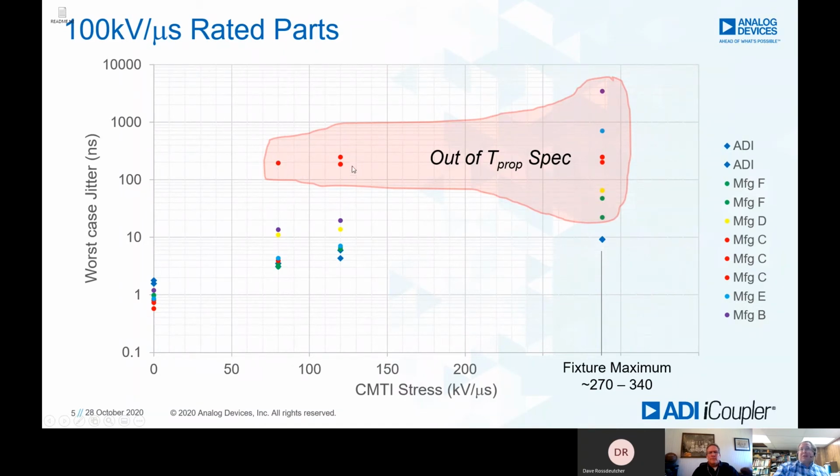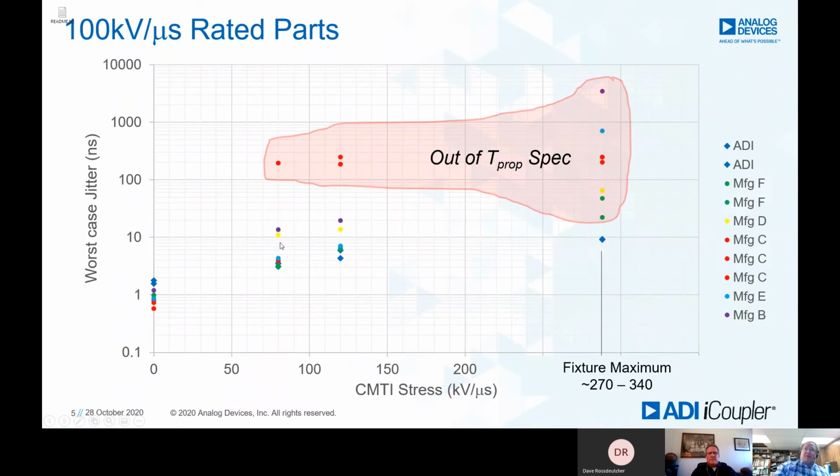When I went back to look at what happened with these parts, it turns out they talked about 100 kilovolts per microsecond performance on the front page of the data sheet, but when I go back and look at the data sheet, it was closer to 25, 30 kilovolts per microsecond that they guaranteed. So you've got to look at the data sheet a little bit closely.